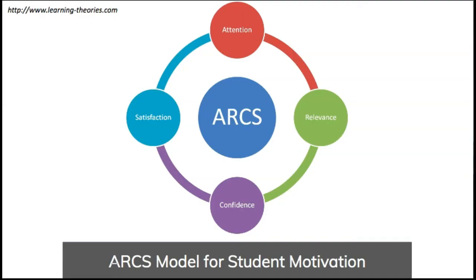So the ARCS model, like I said, is useful, I think, because it's very broadly applicable. It's applicable to nearly everything, and it does come at it from a different angle. It's not coming at it in terms of effectiveness, it's coming at it in terms of to what degree does it motivate learners and motivate learning. And you can see, I think, a lot of the elements we covered under cognitivism when we talk about the ARCS model. Again, there's nothing particularly new there.